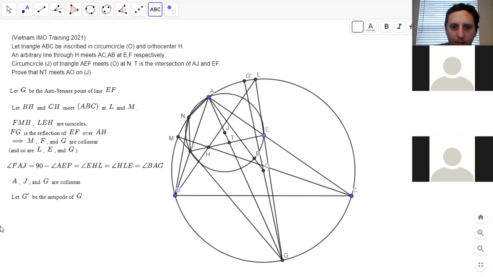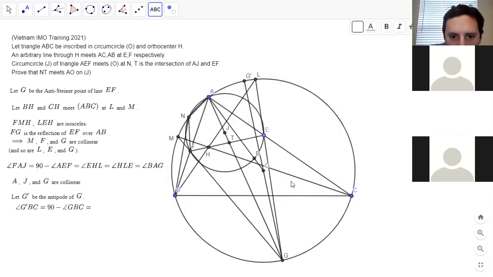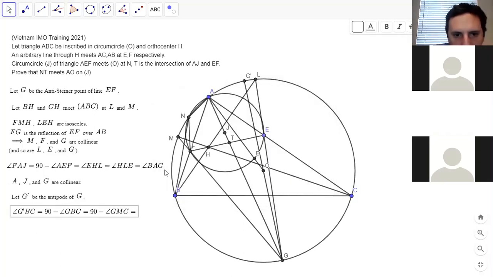So we have G prime BC, which is 90 minus GMC. Which is 90 minus GMC, because this is isosceles, that is angle AFE.